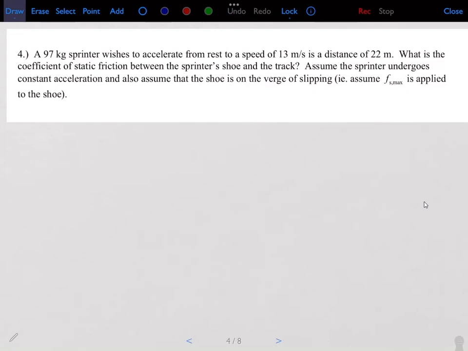So let me draw a picture first. Here is the sprinter. There's a normal force acting up.